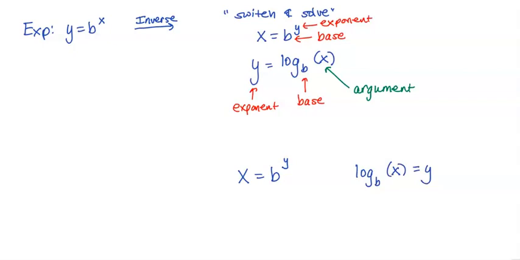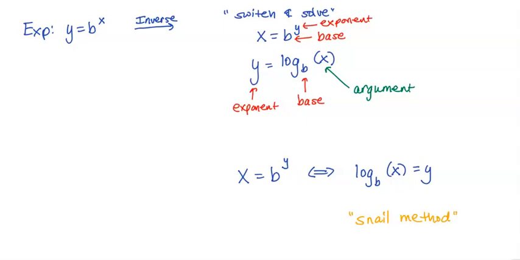To see how to switch back and forth between these two ways of writing this equation, one of my students one time gave this the name the snail method. That sounds kind of silly, but here's why she called it the snail method.